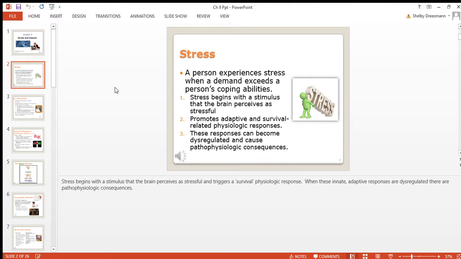When innate and adaptive responses are dysregulated, there are pathophysiological consequences. On the slide itself, it says that stress begins with a stimulus, promotes adaptive and survival-related physiologic responses, and these can become dysregulated and cause consequences.